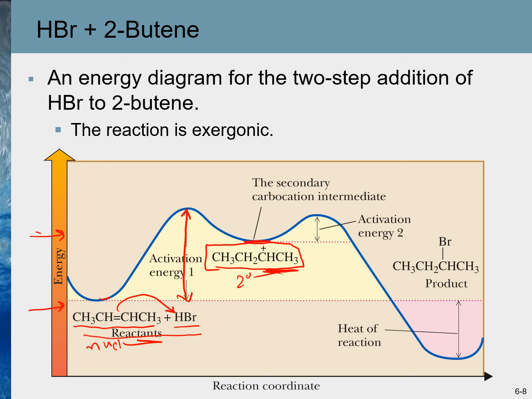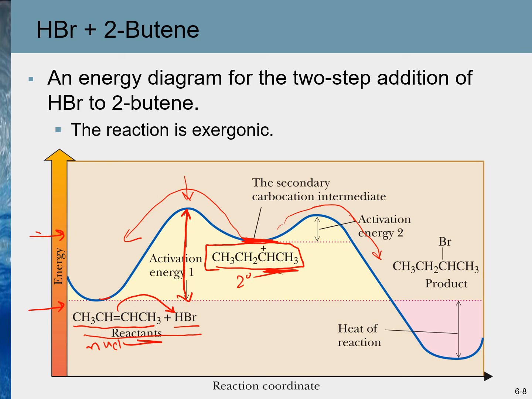But once this first barrier or first transition state is crossed, now we have a carbocation intermediate. Now carbocation intermediate can either go back to reactants, or it can cross another barrier in the forward direction, and it can result in product.